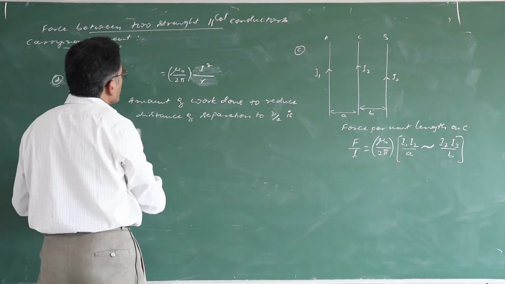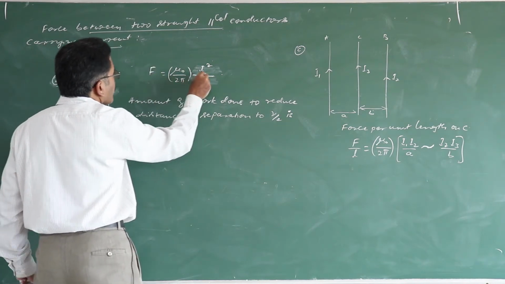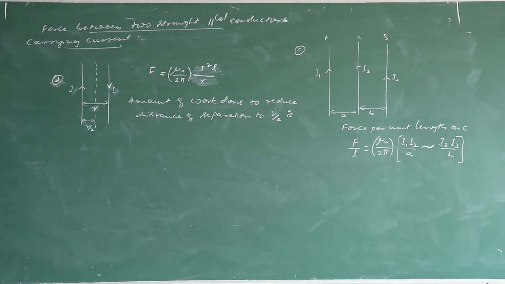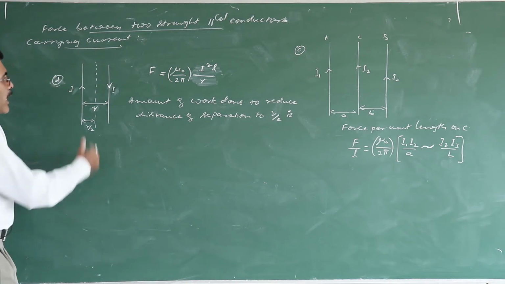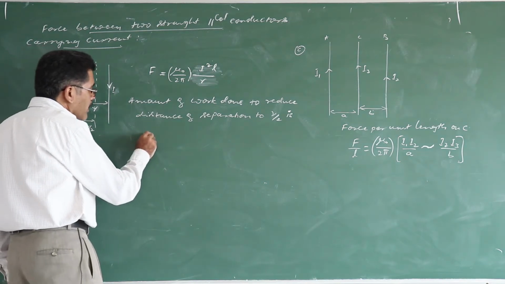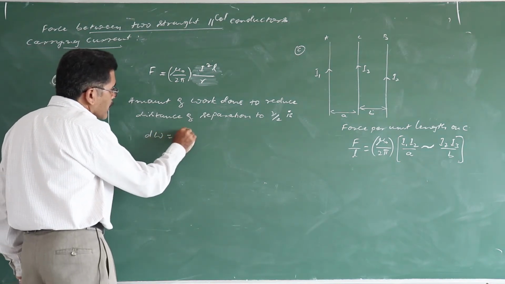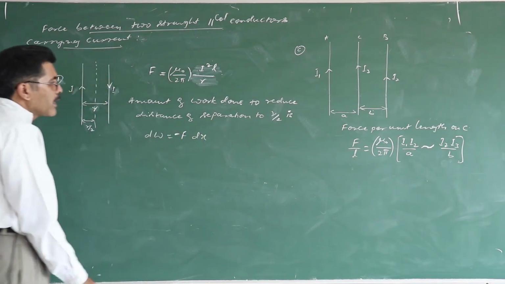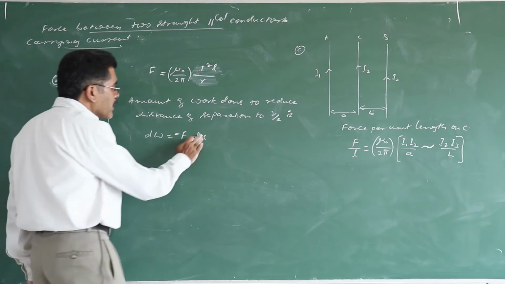And what is that force? F is equal to mu naught by 2 pi I square into L by R. So against repulsion you are displacing it. The work done is given by dW is equal to F into dx. See here, in the place of dx I just take dr.